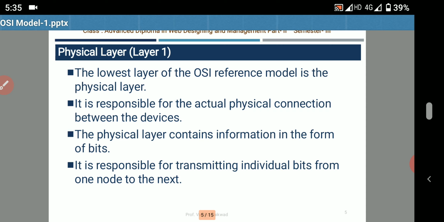The physical layer contains information in the form of bits. Bits, that is 0 or 1. It is responsible for transmitting individual bits from one node to the next. What is node? Node is nothing but the host or a computer.